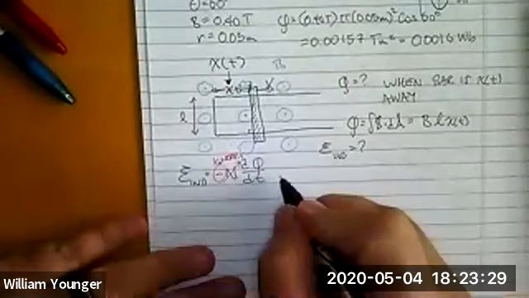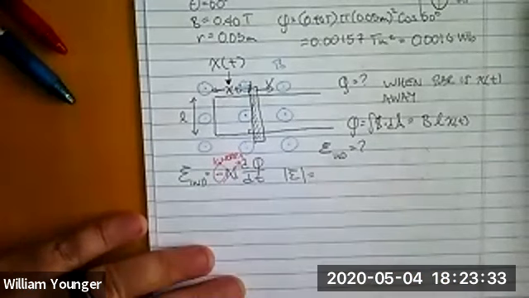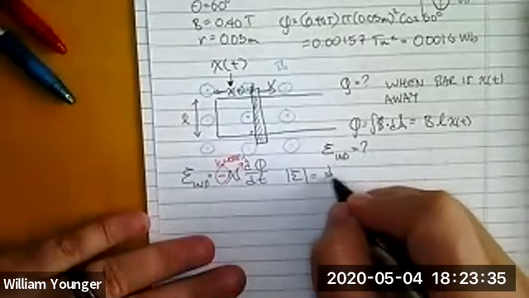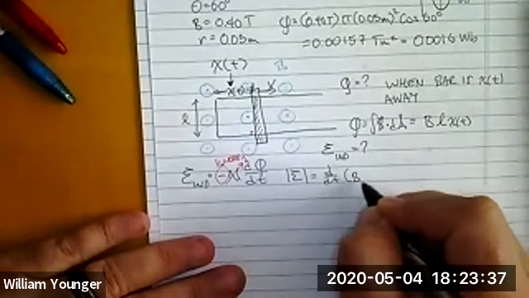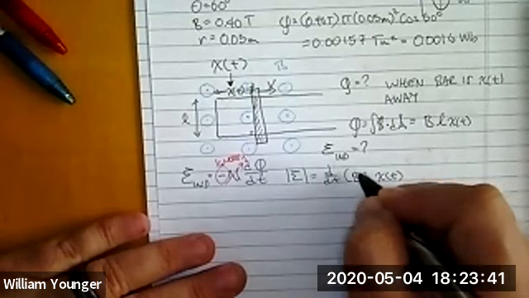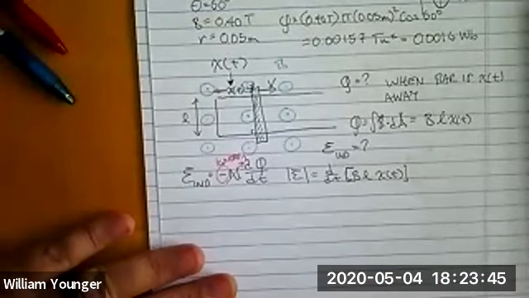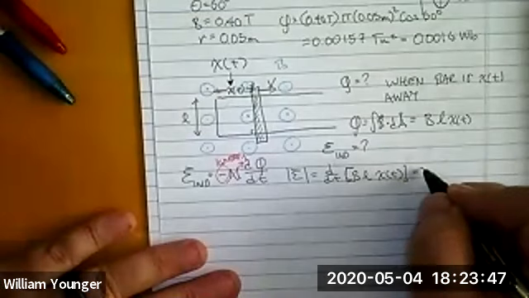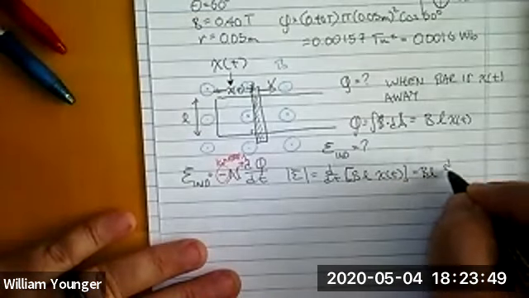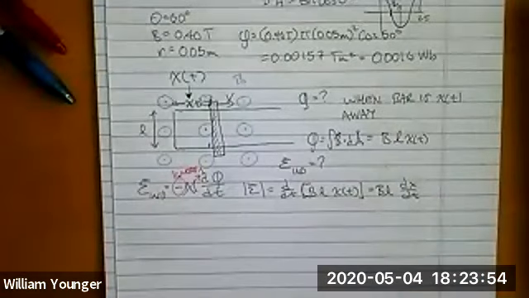So we're going to say the magnitude of the EMF is just equal to d by dt of B times L times x of t. So the B and the L are constants, so they come out in front, and I get B times L times dx over dt. What is dx over dt? Anyone?